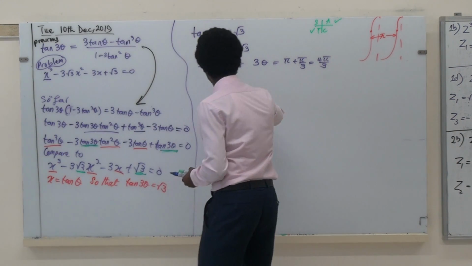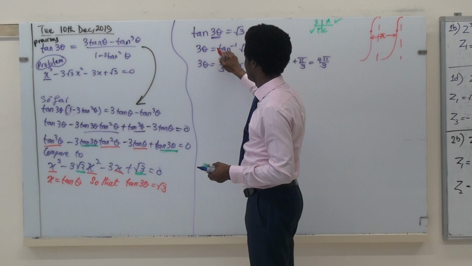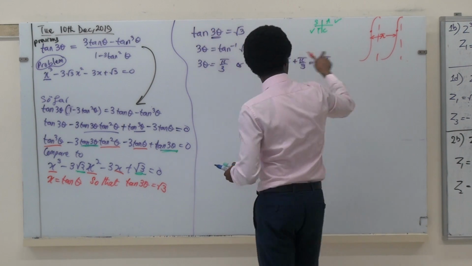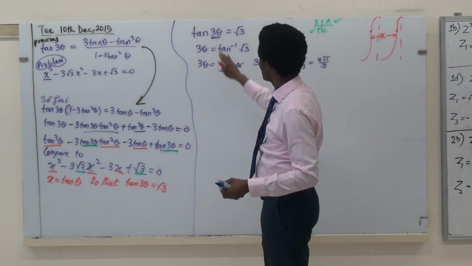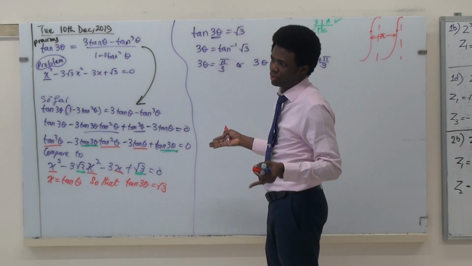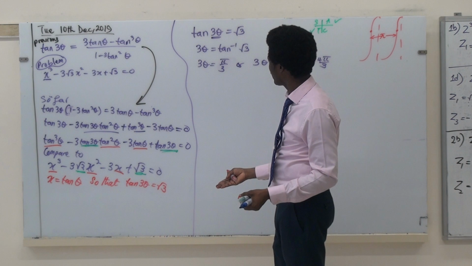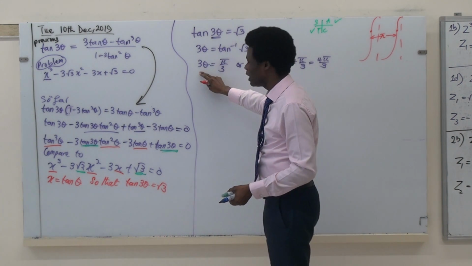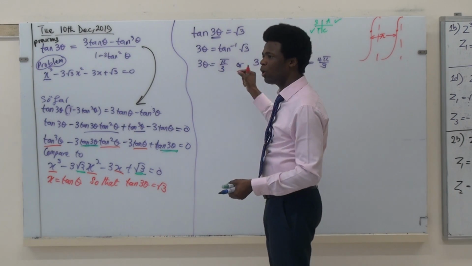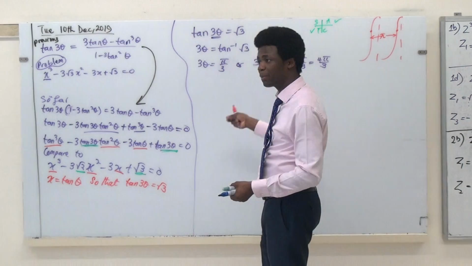So this is tan of 3 theta, and this principle applies to 3 theta, not theta, because tan has nothing to do with theta, not directly anyway. So if 3 theta can be this, it means 3 theta will still be all the values plus pi, plus pi, and all that.